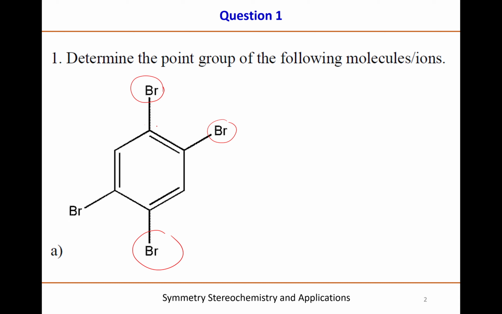First of all, we have to give the number 1 to any of the carbons next to a halogen atom. So here we are writing 1. Then always move to the side where the next halogen atom is there. You cannot give this number 2, so this carbon will become 2.